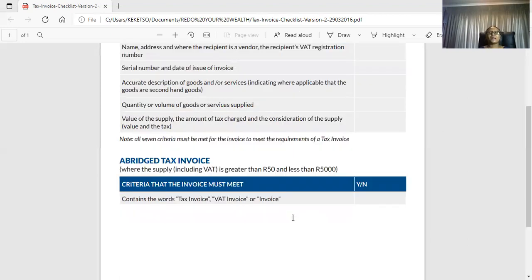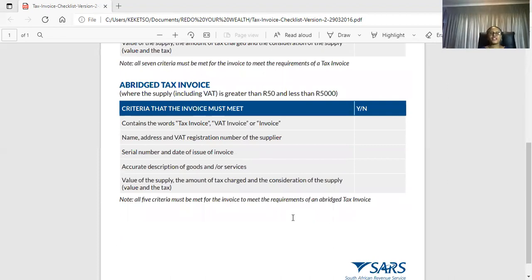Now, for goods that are below 5,000 rand, the invoice should contain the words tax invoice, VAT invoice, or invoice. It must have the name, address and VAT registration number of the supplier, the person that you are actually invoicing.